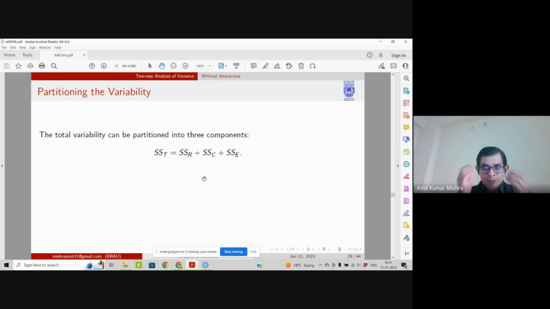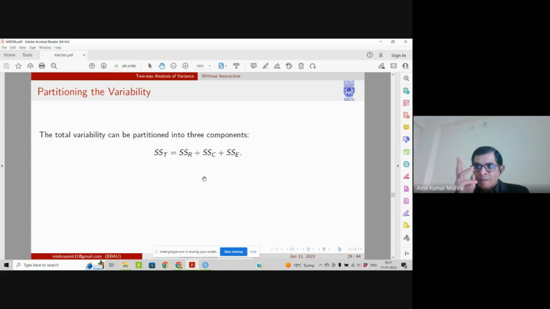So now you can see there will be variability. First, due to inherent variability, and there will be some variation because of the first factor, for example, time. There will be some variation because of the second factor, that is the concentration.